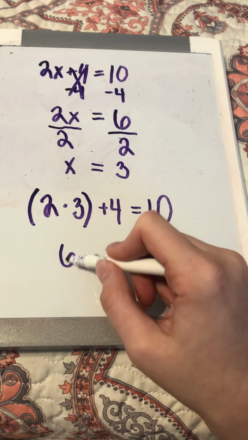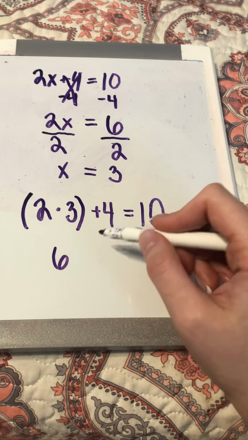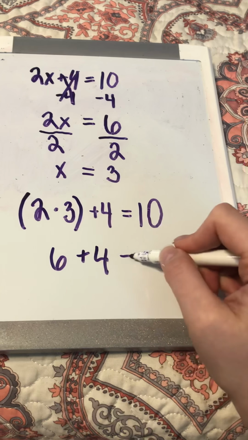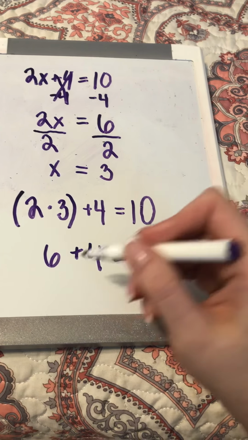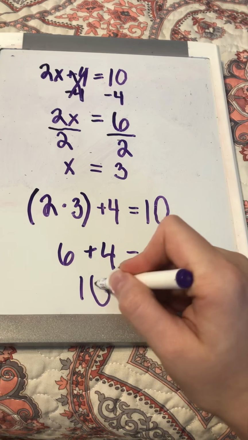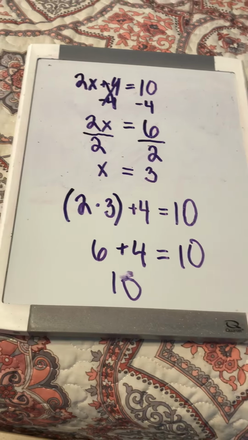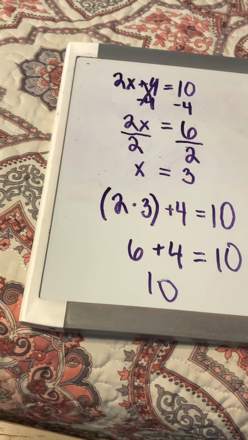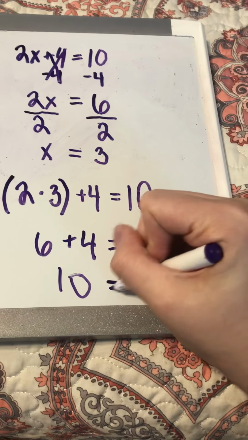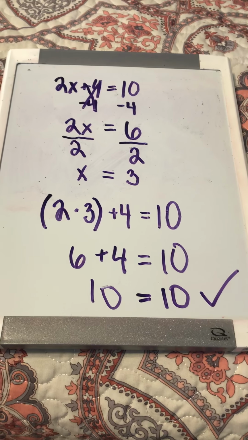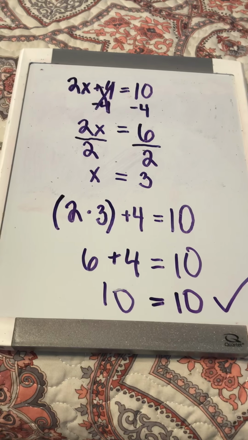So 2 and 3 would combine to be 6. They would multiply. So you have plus 4 equals 10. And you have 10. Well, okay. 10 is equal to 10. So that one's correct. That is the right answer to that problem.